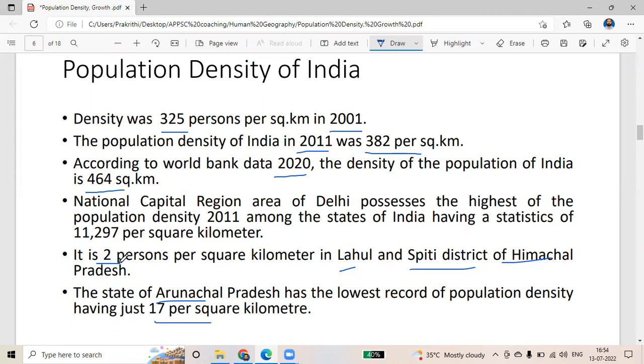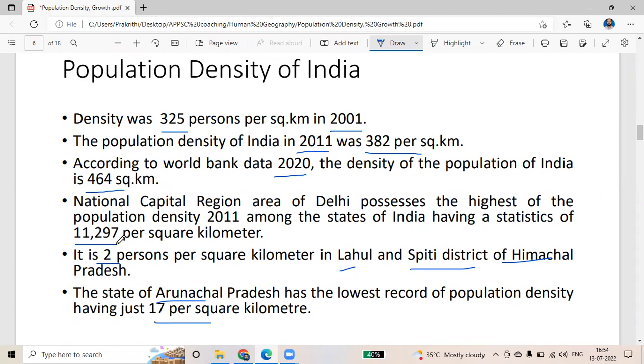But we can leave this when we move to the National Capital Region of Delhi. That is our capital, the Indian capital. That area has the highest population density in India. Per square kilometer, there are 11,297 persons. The Indian average, I said, is 382. Compared to the world average and Asian average, it is very high.